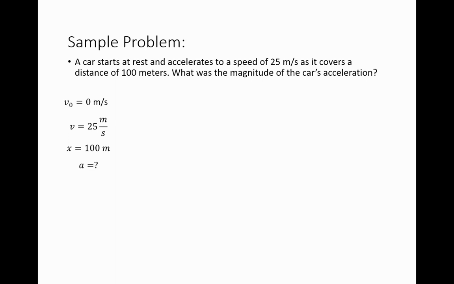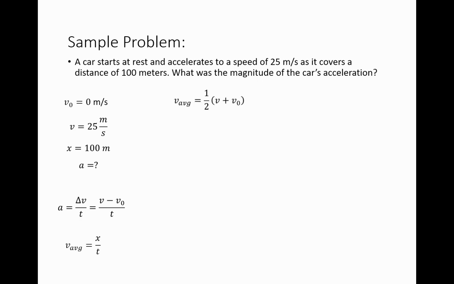Now, our equations so far don't give us the right thing to find that answer, because I know that acceleration is change in velocity over time, but I don't know what the time is. But what I do know is that my average velocity is my total distance traveled divided by the time. So if I could know the average velocity and the distance, then I can get the time, and then I could plug that into the acceleration equation.